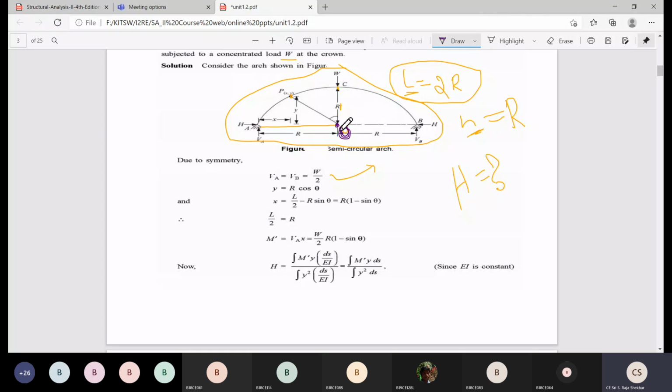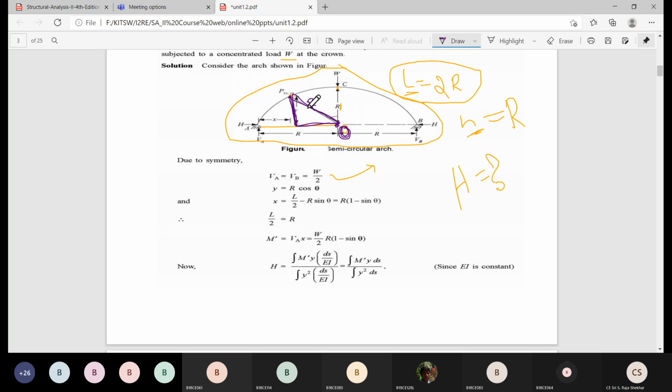I am considering a point P, and the distance between P and O is capital R, because this is the radius of the semicircle. From this triangle, we can calculate this Y value.